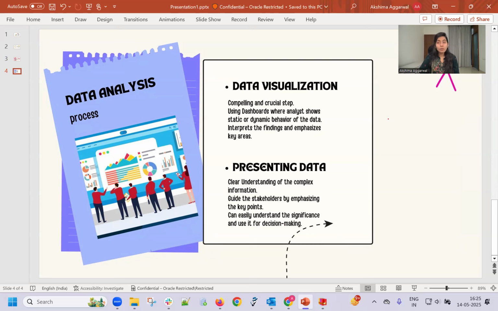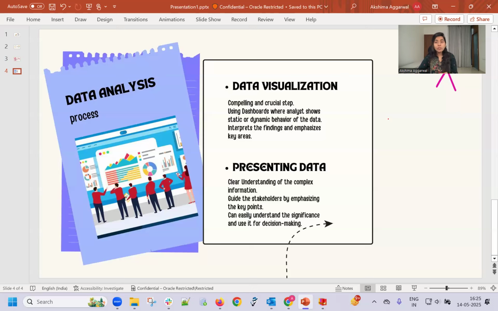In that case, we need data visualization, with the help of flow charts and bar graphs, so that we are able to make him understand what is going on, what is the pattern of the data which is available to us. It is our prime duty to make him or her understand the static or the dynamic behavior of the data. That is why data visualization is really important.